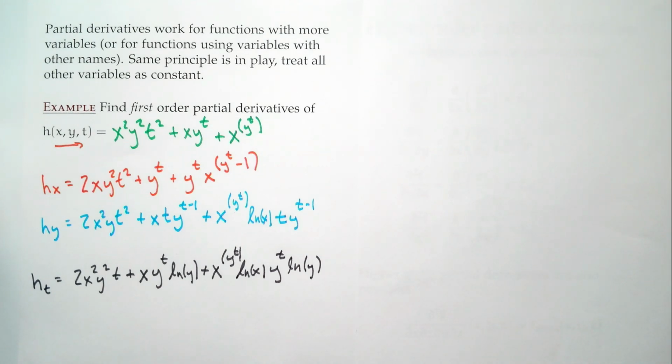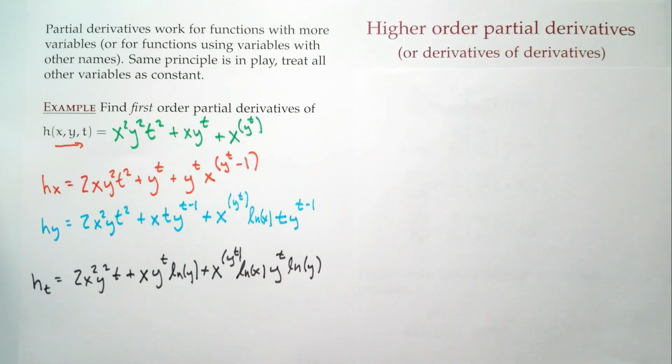Now, we've taken some partial derivatives, but one of the things we remember is when we took derivatives, we said, hey, why stop at just one? Let's keep going. So we can do what are called higher order partial derivatives, which is derivatives of derivatives. That's perfectly fine.